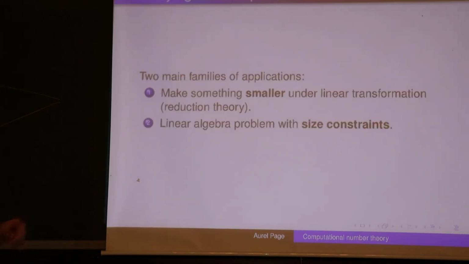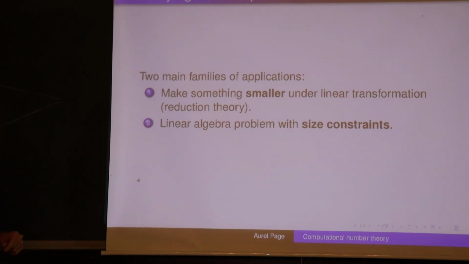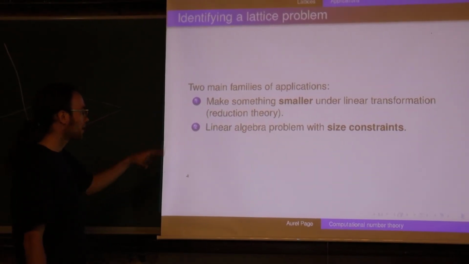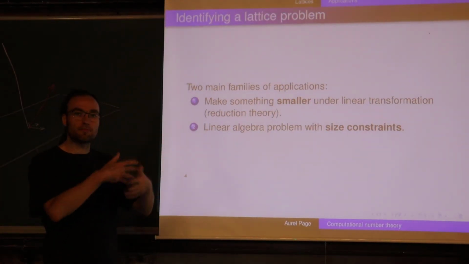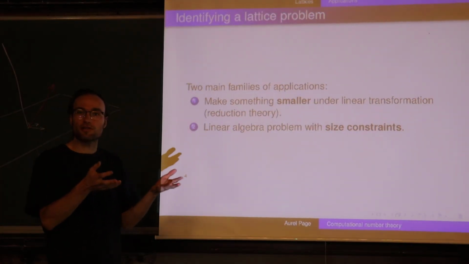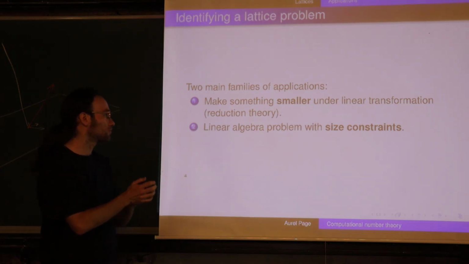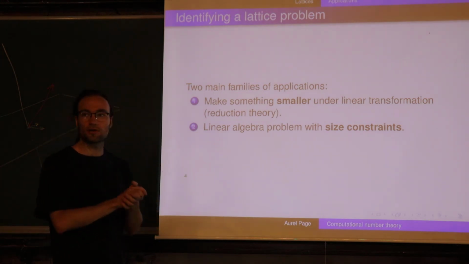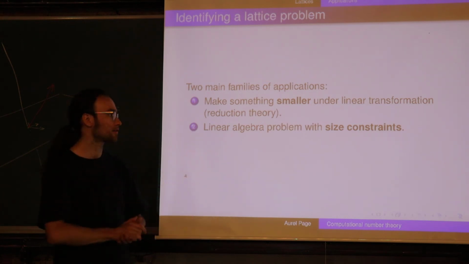So first, let me give you a bit of a rule of thumb to identify what can be a lattice problem. There are mainly two uses that you can make. Either you have some object, and you can do linear transformations of it, and you're trying to make it smaller. Maybe just because you want it to be smaller in memory, or because making it smaller will make other operations faster, or something like this.